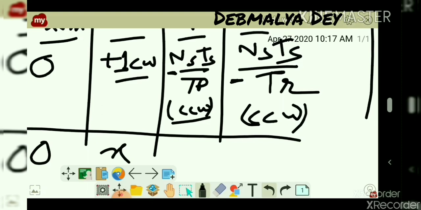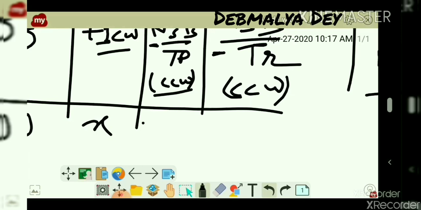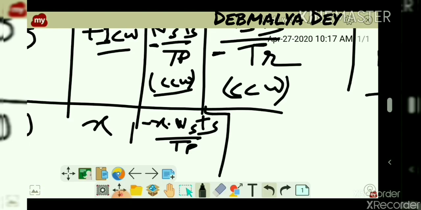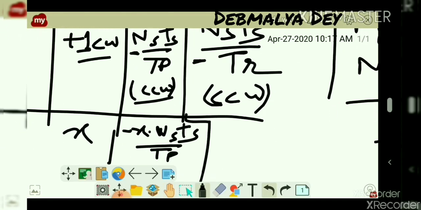Now in the next step we will multiply with x. So 0 into x will be 0, 1 into x will be x, and this one will be minus x into ns ts by tp, and this one will be minus x into ns ts by tr.